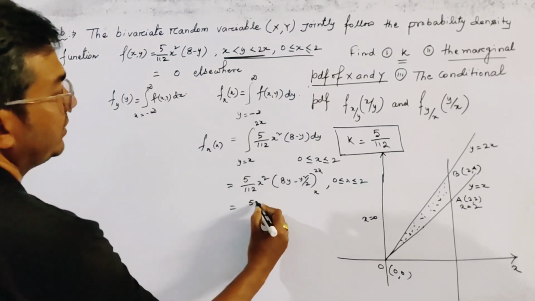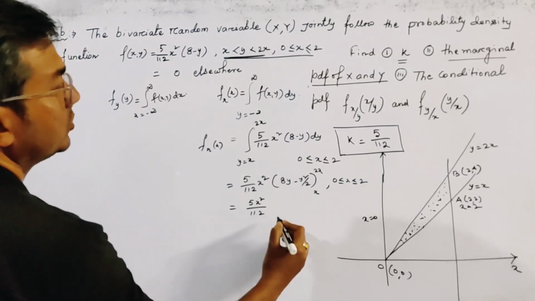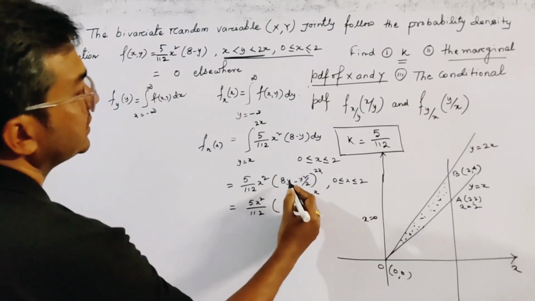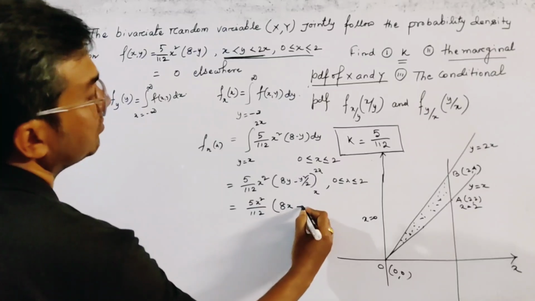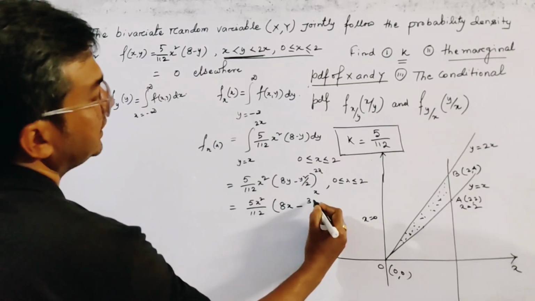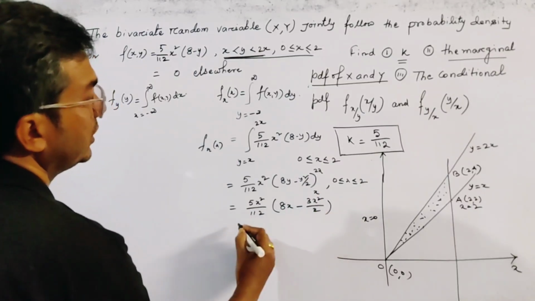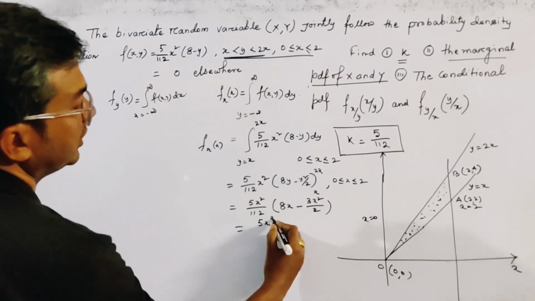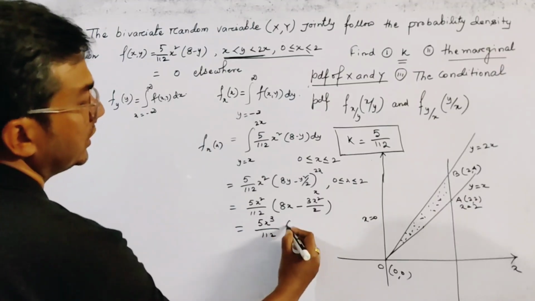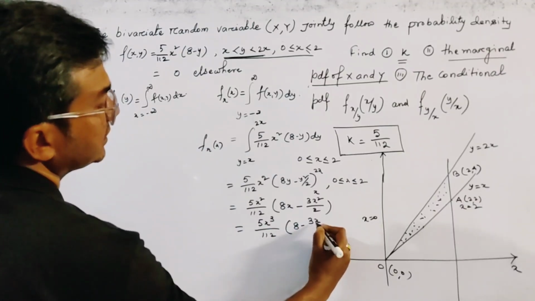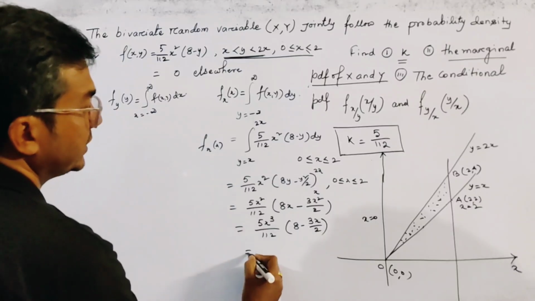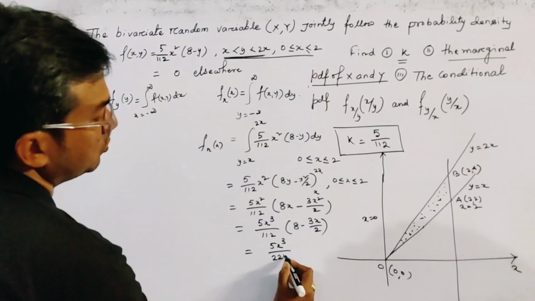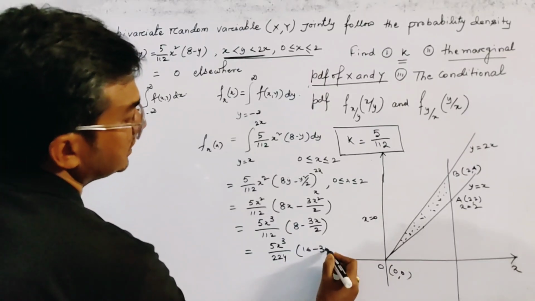So we get 5x squared by 112 times, from here if we put the range 2x and x, we get 8x minus 3x squared by 2, and if we take common x from here, we get 5 times x cubed by 112 times (8 minus 3x by 2), and this is given by 5x cubed by 224 times (16 minus 3x).